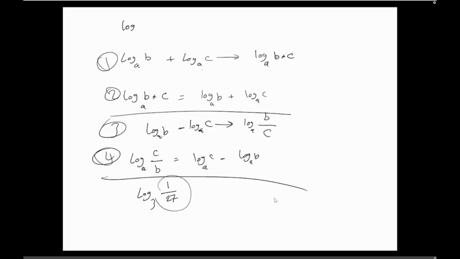Before doing this, if I had log 3 of 27, this is just regular, so what would the output be? The output would be 3, because as you guys know, this represents the exponent. So this number is here and this is going to be raised over here, so the multiplication of 3, three times, is going to give us 27.